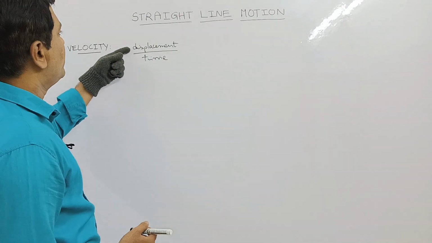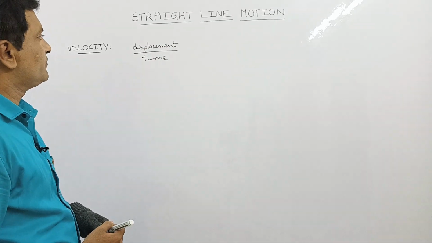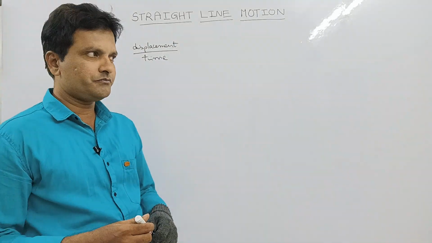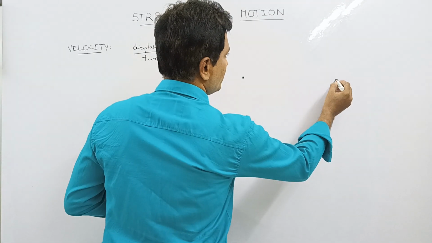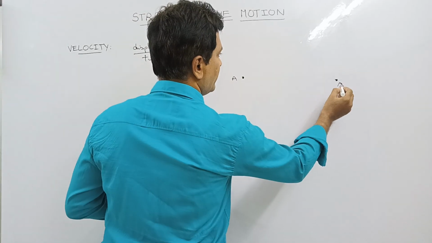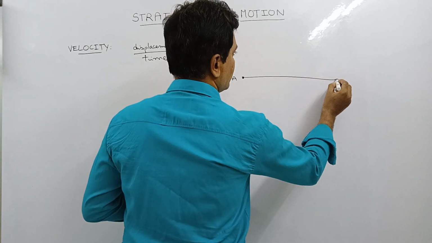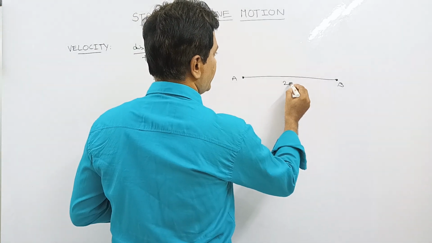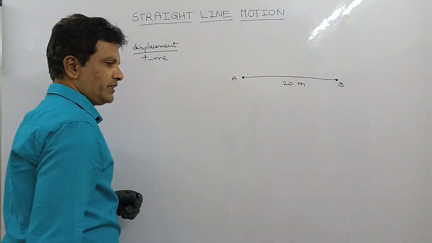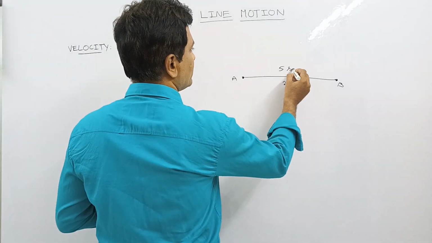So here if the displacement is more, that means velocity is more. For example, to know in a better way, if an object is moving from A to B in a straight line motion, the shortest distance, that means the displacement, is, suppose, 20 meters, and this distance of 20 meters is covered in a time span of, suppose, 5 seconds.